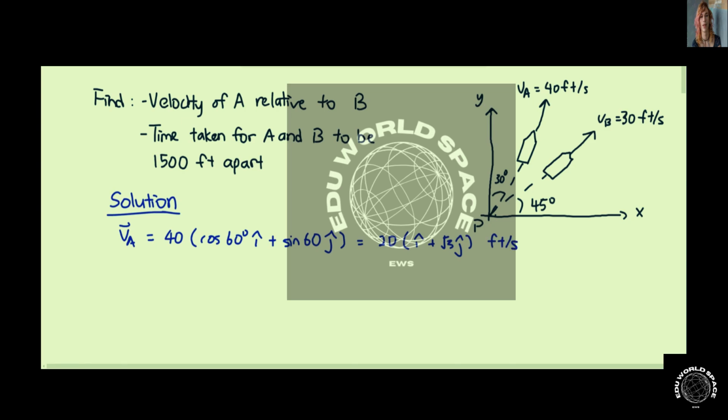And VB is 30 times (cosine 45 degrees I hat plus sine 45 degrees J hat), which is 15 root 2 I hat plus 15 root 2 J hat feet per second.